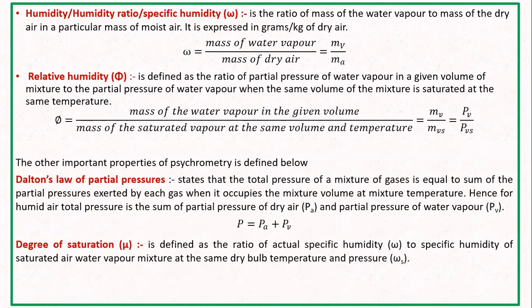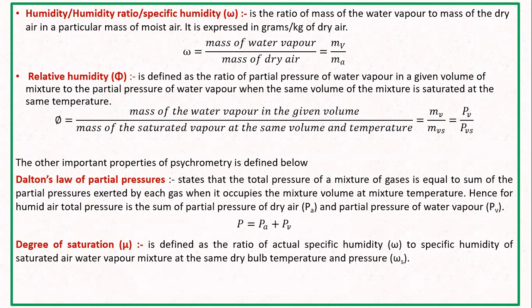Next is degree of saturation. This is nothing but the ratio of actual specific humidity to the specific humidity of the saturated air when water vapor is at the same dry bulb temperature and the pressure. That means it is nothing but the ratio of the specific humidity of the moist air to the specific humidity of the moist air when it is saturated.